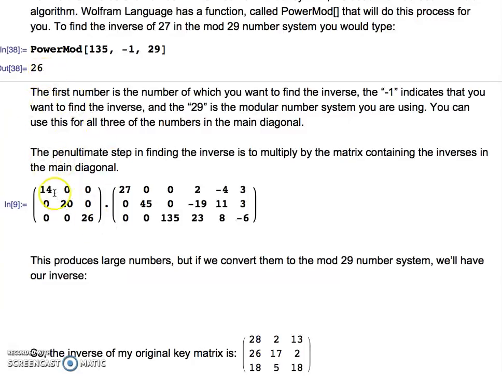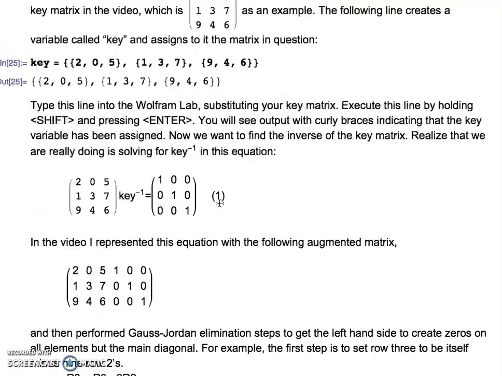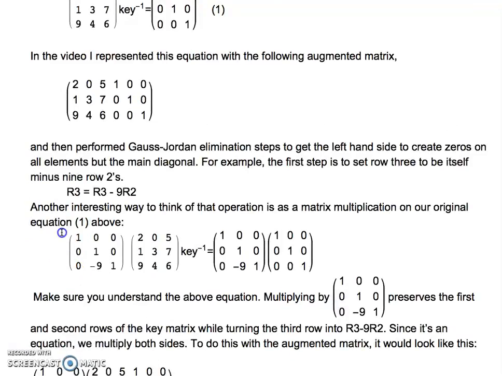So I do this, I multiply this transformation matrix, that's going to produce for me the identity here on the left-hand side. And on the right-hand side, it's going to give me, lo and behold, my inverse. Why? Because of this equation that we started with. We multiplied on this left-hand side a bunch of matrices of this form.